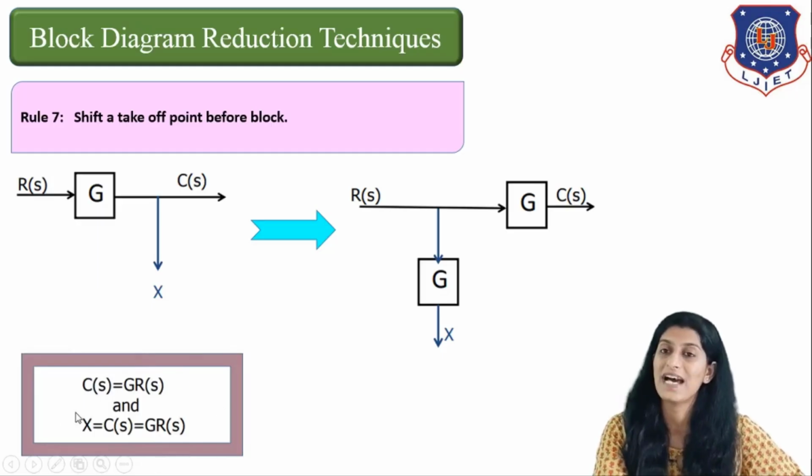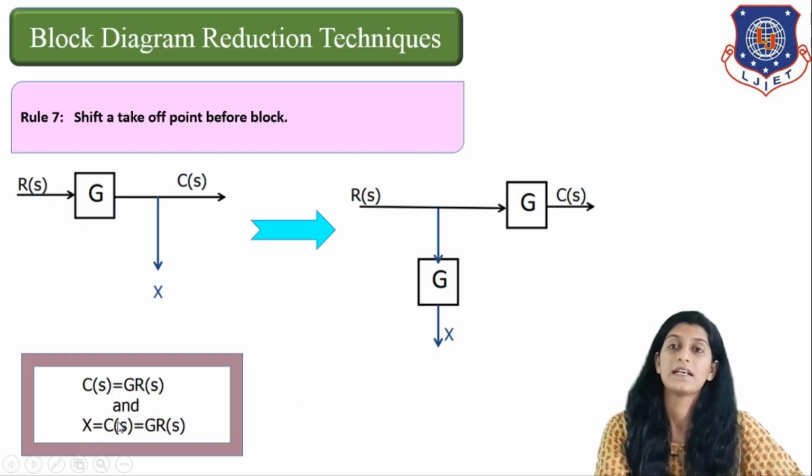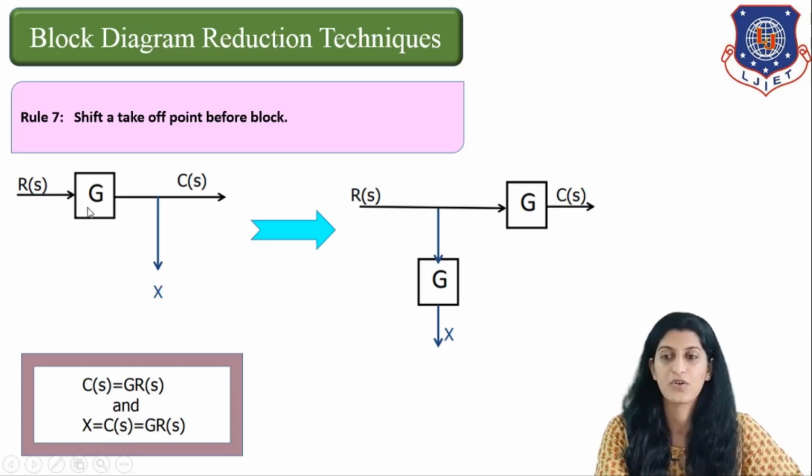Now let's see how we need to write the overall transfer function. The overall transfer function can be written as C of S equals G into R of S, because C, which is the output, is equivalent to the transfer function into the input. Correct?